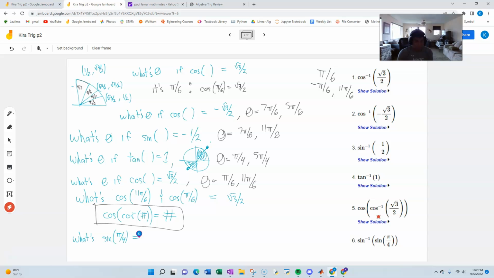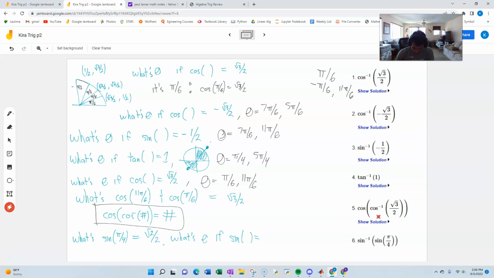Well, sine pi over 4 is 100% square root 2 over 2. And then the next question, what's theta if sine is equal to square root 2 over 2?